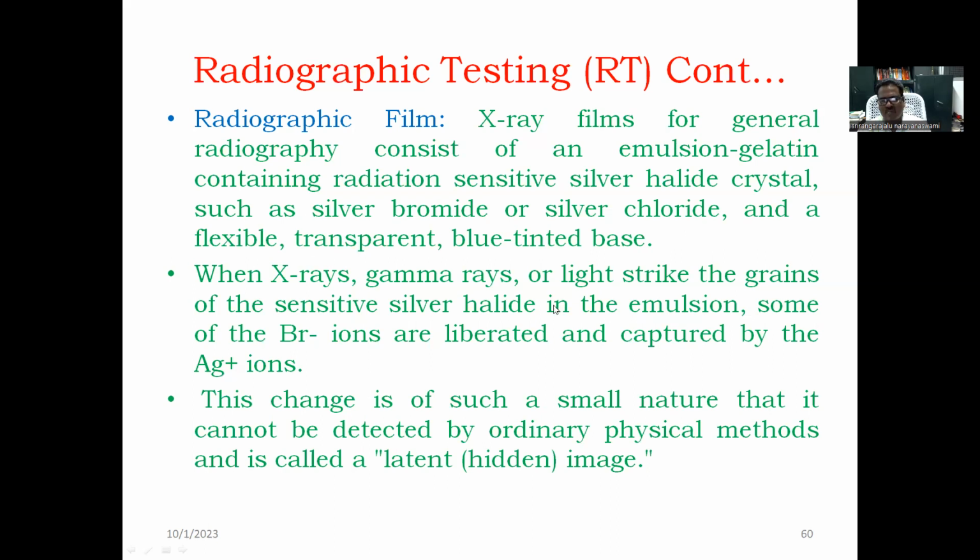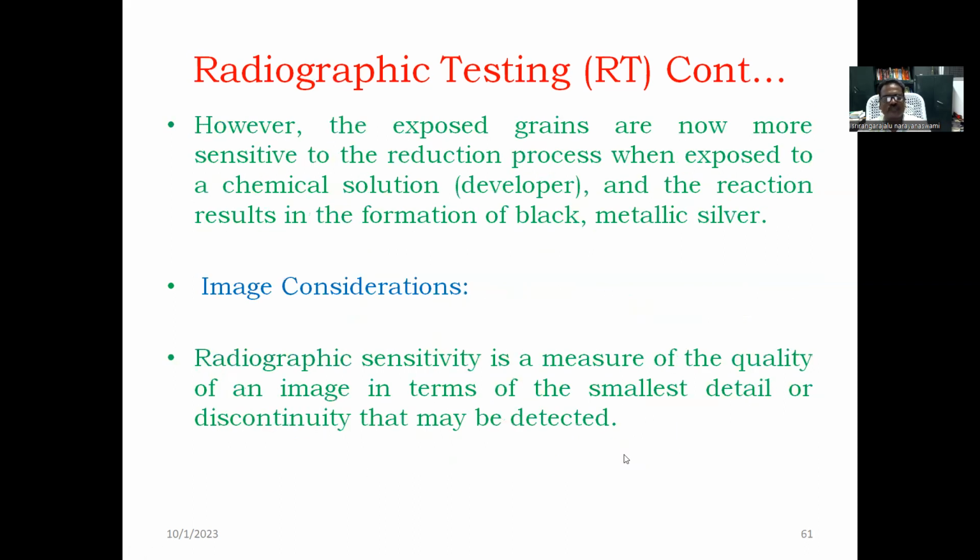When X-rays, gamma rays or light strike the grains of the sensitive silver halide in the emulsion, some of the bromide ions are liberated and captured by the silver ions. This change is of such a small nature that it cannot be detected by ordinary physical methods and is called latent image or hidden image.